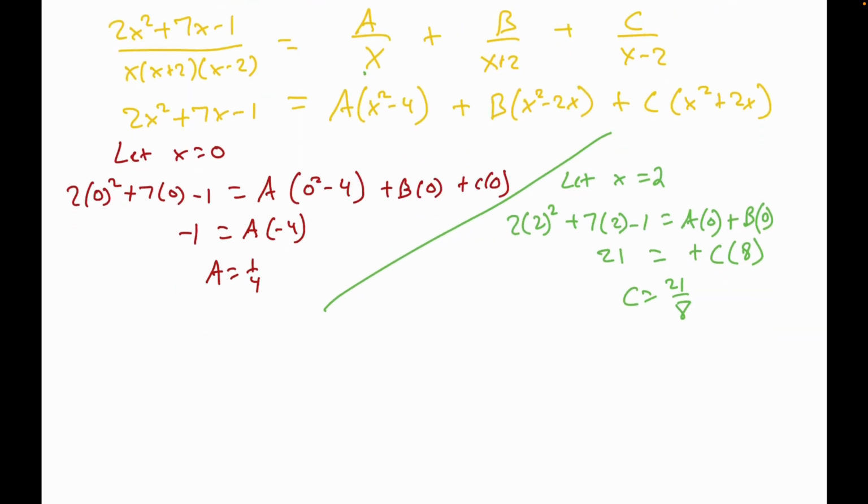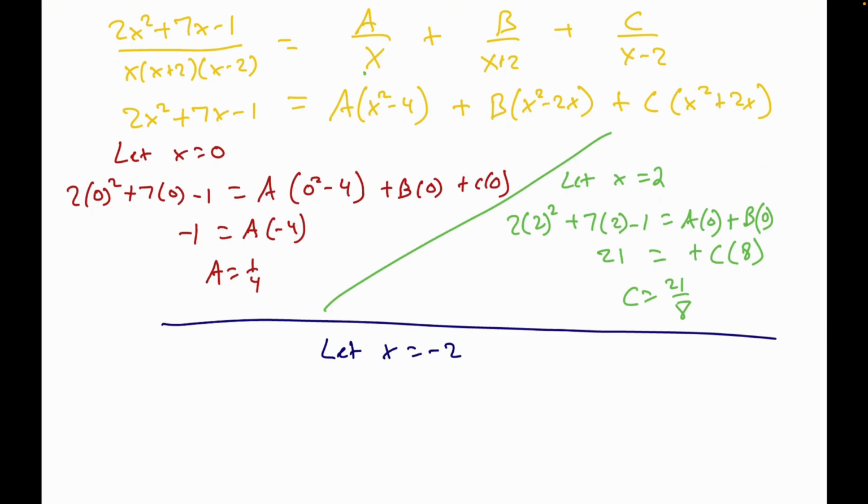And finally, we need to find what the B is. So now we're going to cancel out the A and the C. So we're going to let x equal negative 2. So 2 times negative 2 squared plus 7 times negative 2 minus 1. And that's going to cancel out the A. It will not cancel out the B. Negative 2 squared is 4.